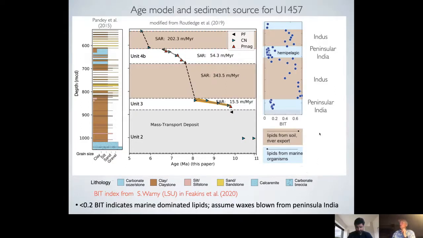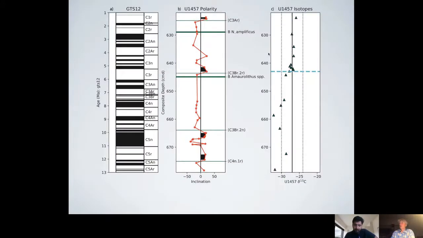And so the hemipelagic, the leaf parts blew from peninsular India to this and were deposited in these sediments. And so when we look at the C3, C4 isotopic data from this interval, it's from peninsular India.